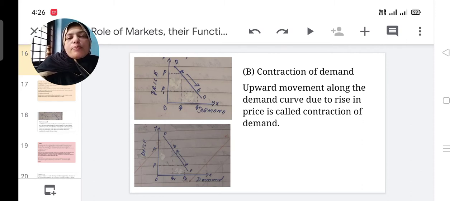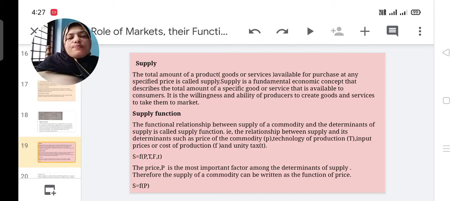Then price increased to OP1. At that time the consumer decreases his quantity demanded to OQ1. Now the movement from A to B is called contraction of demand. Now demand is decreased from A to B. That is upward movement. Expansion is downward movement. Contraction is upward movement.